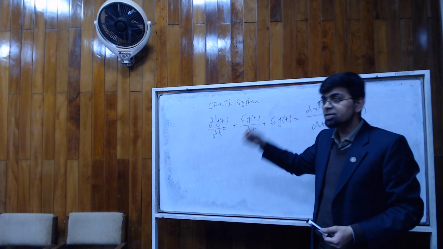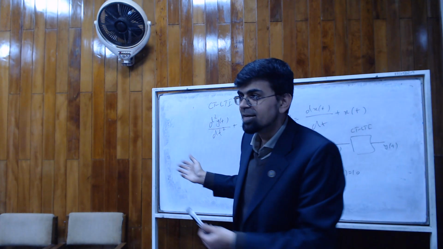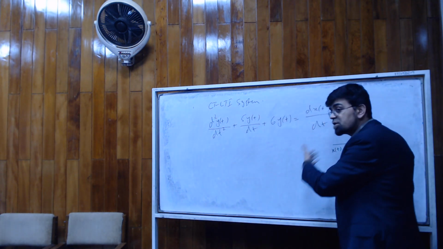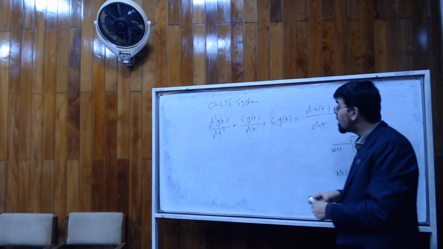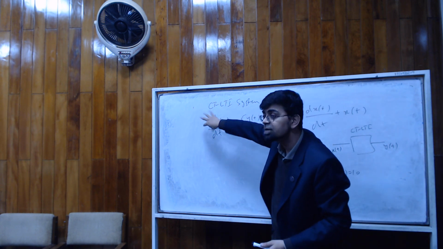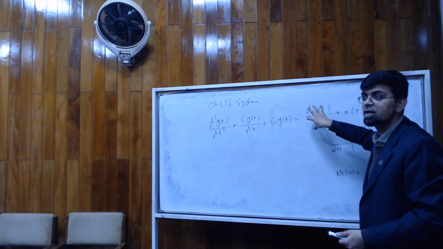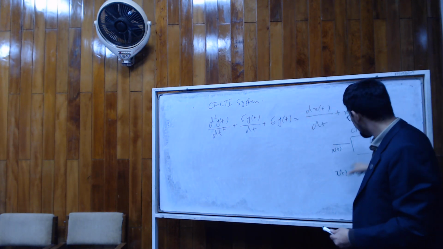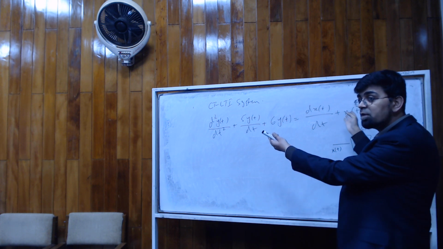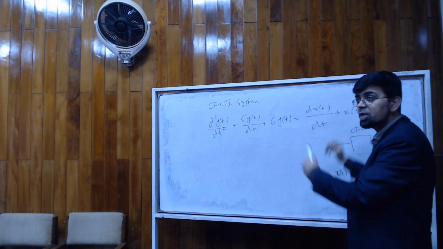You look at it and you say, okay, apparently you have the relation, but what's happening? The output is stuck inside derivatives. Even the input is stuck inside derivatives, right? So to get y(t) now, you have to solve this differential equation.